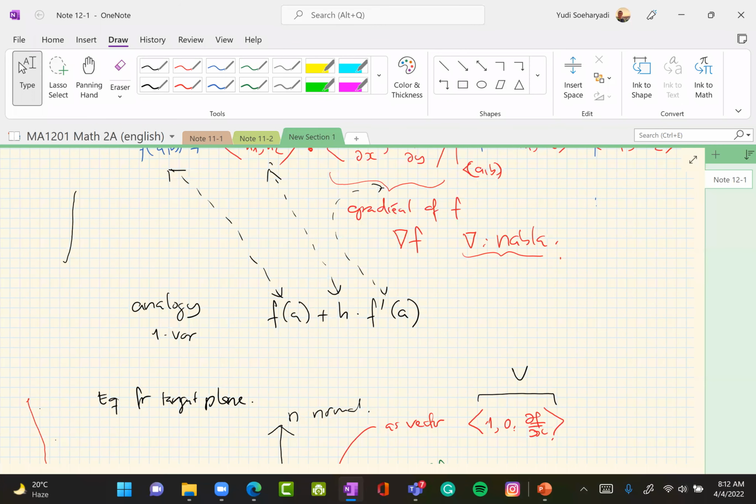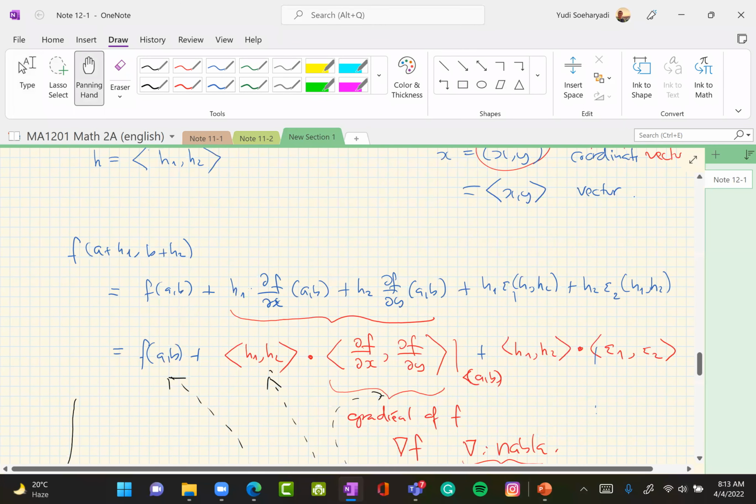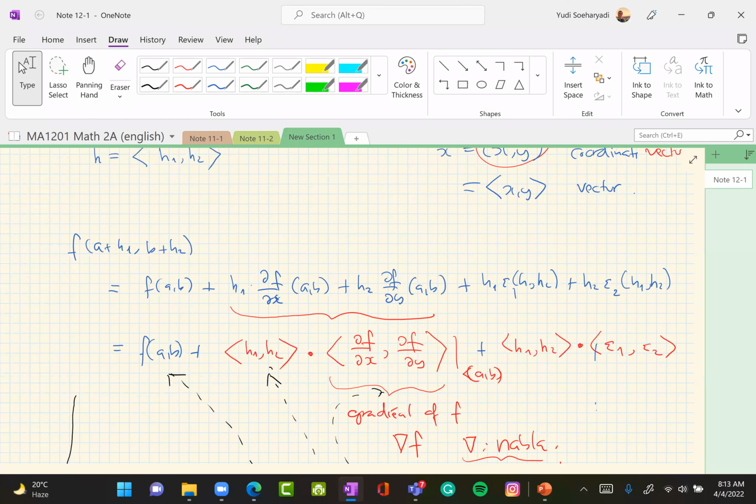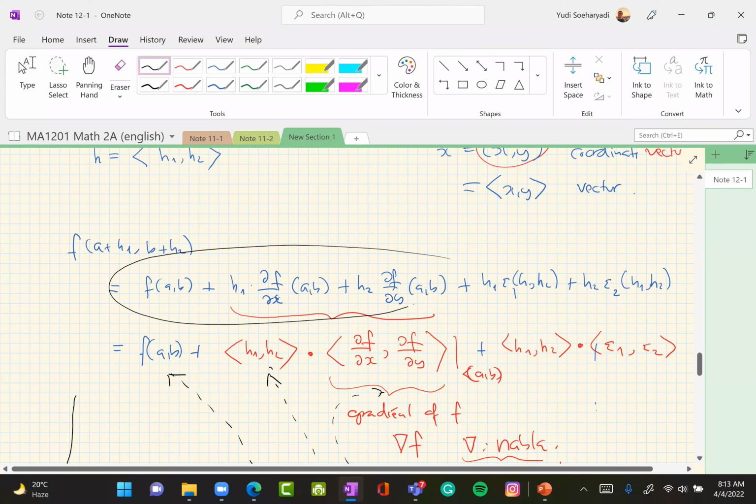Again, to the definition here, locally linear. In this definition of locally linear, it turns out that this one here is actually the equation for the tangent plane. This is the error.